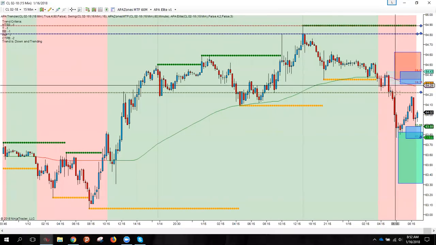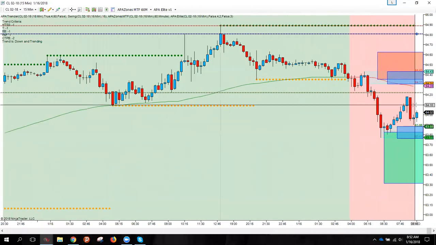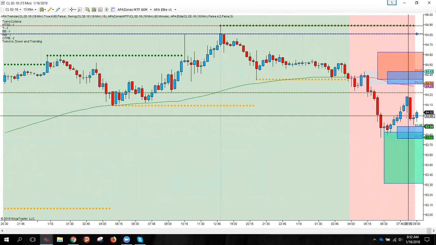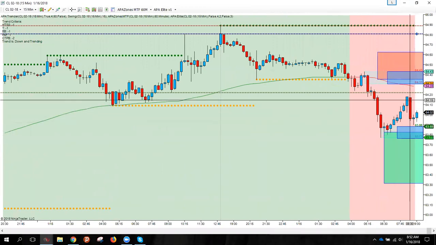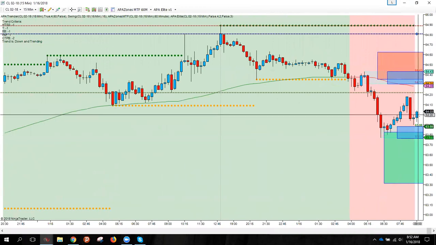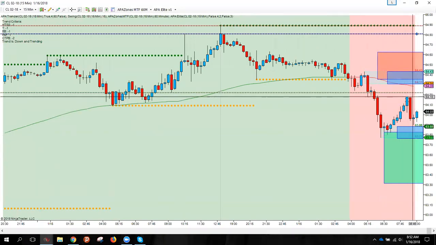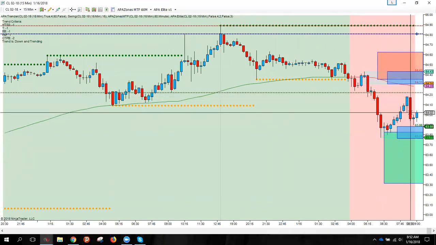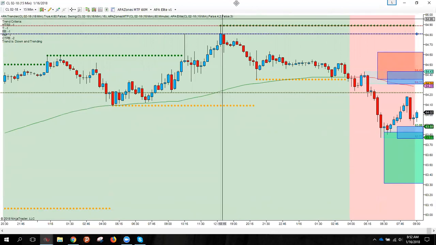You see how this long red bar engulfed pretty much 3 candles, and if these little green bullish bars can't fade out this move by the bears, that indicates the trend is predominantly down.